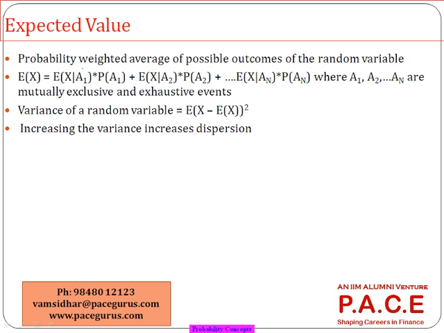The same logic will be applicable even if I want to find out the expected value also. What is the probability that an economy is good multiplied by what is the chance of making a profit in a good economy? How much profit can be made in a good economy? What is the chance that the economy is moderate, multiplied by how much profit can be made in a moderate economy.